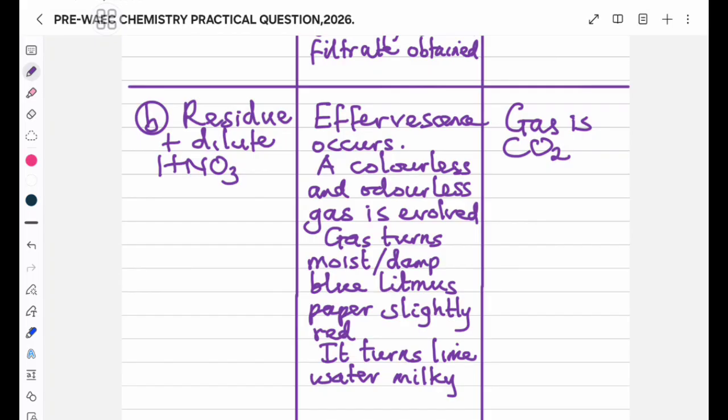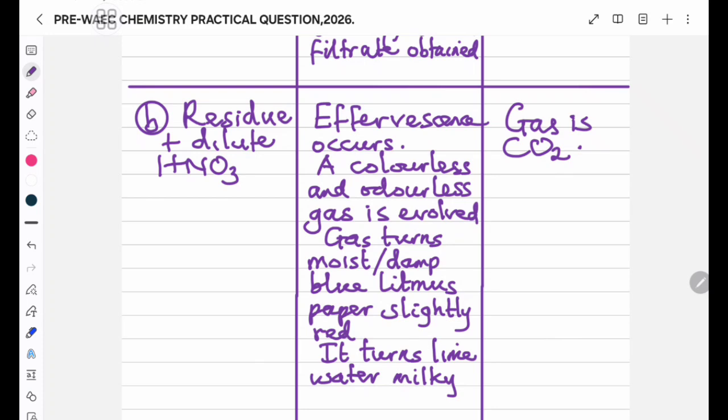It's a confirmatory test for the gas. Every gas has its confirmatory test to distinguish it from other gases. So for CO2, the use of lime water is a confirmatory test or confirmatory reagent to confirm that the gas is carbon dioxide if it turns the lime water milky. So the first inference or conclusion is the gas is CO2.